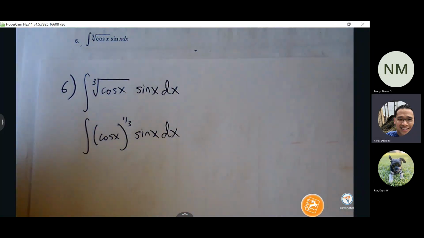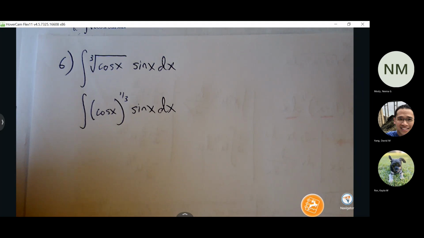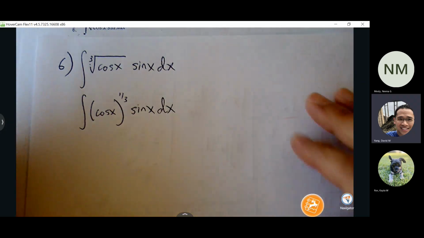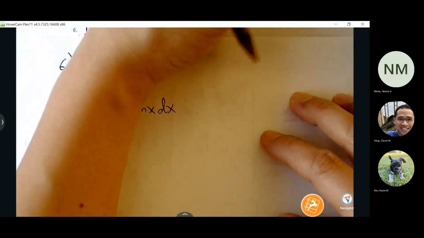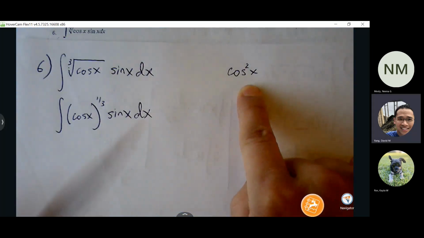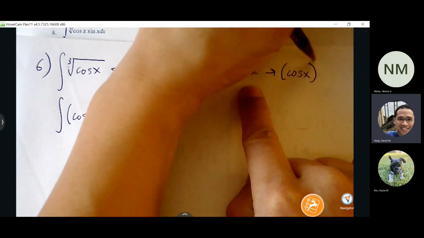Someone was asking me the other day, what's the difference between having the 1/3 outside the parentheses and then putting it before the x? You mean, like cosine squared x. Yeah, cosine squared x is the same thing as saying cosine of x quantity squared.